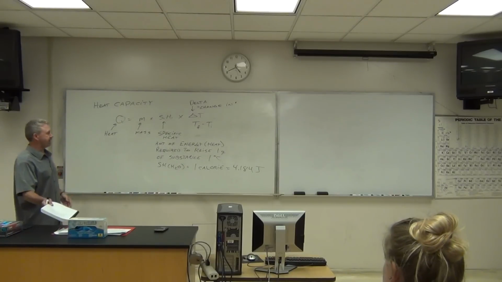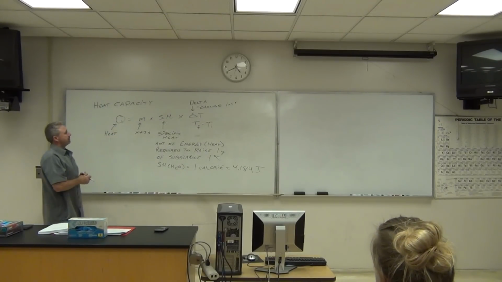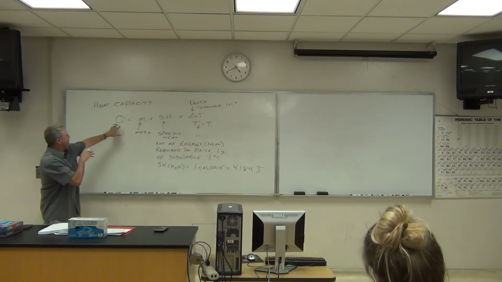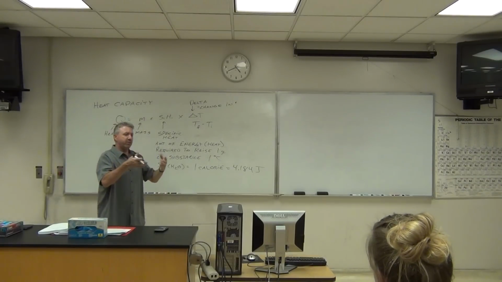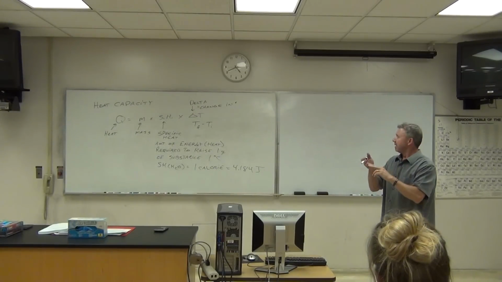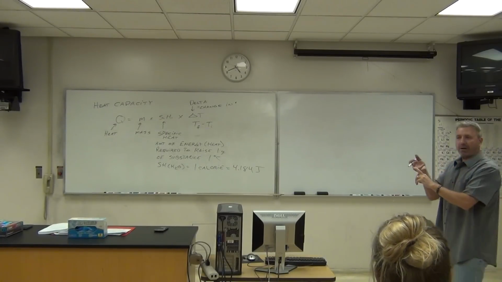Now, if we look at this formula, let's just take a minute and say, okay, here's the heat. The amount of heat that we have to put into a certain substance depends on how much of the substance we have, how much we want to raise the temperature.